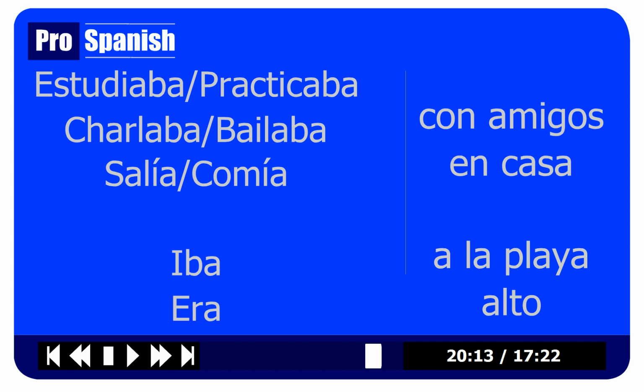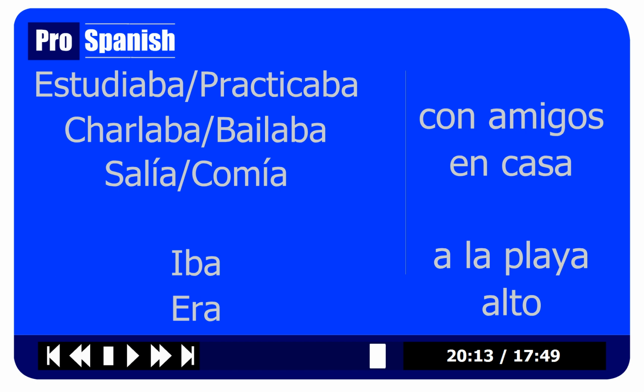How about he was, or he used to be, tall? Era alto. And if ever you're given a description of somebody and you're saying what they were like, all aspects of that will be the imperfect.